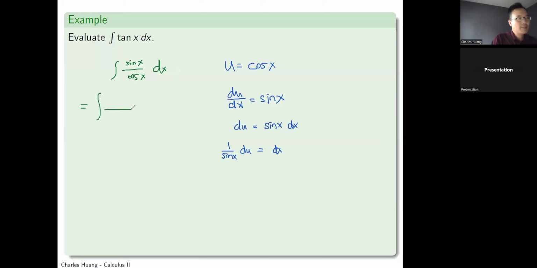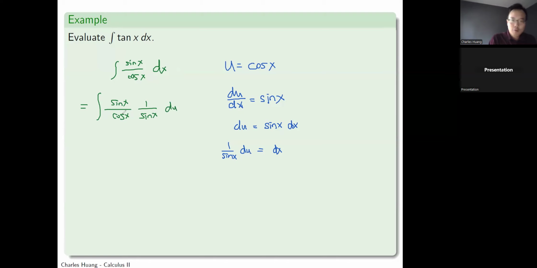Okay, now when we do our substitution, you'll notice that I have sine x, cos x, multiplied by dx, and dx is of course that part, 1 over sine x du.